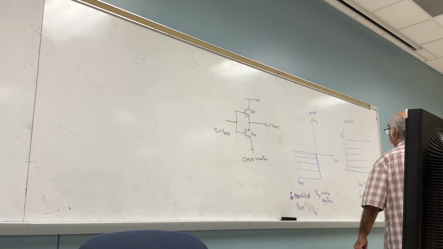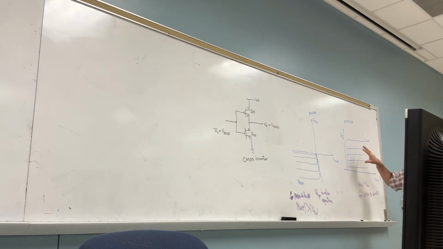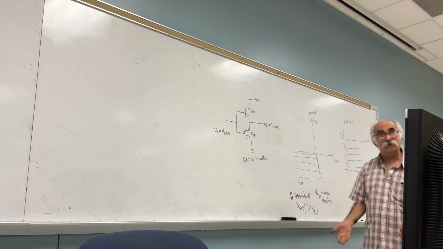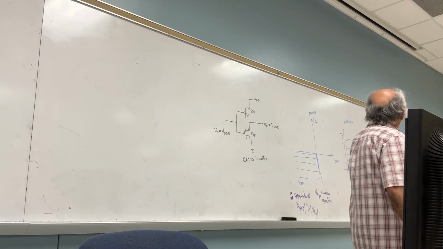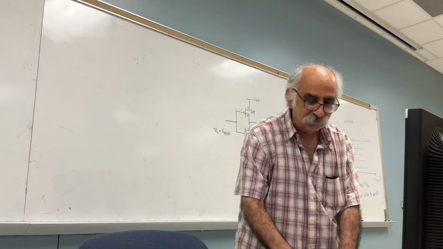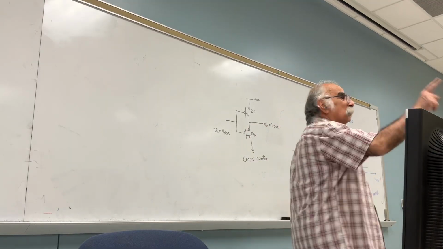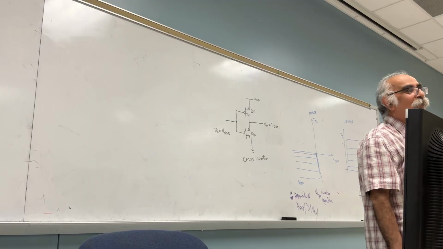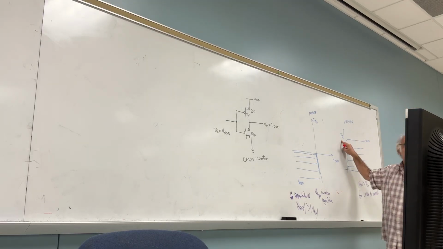Somehow I need to take this characteristic and superimpose it on top of this one. Did you get it or not? Because that's what the load line is. The load line is on top of the IV characteristics. Clear? Which means the axis needs to be the same. Did you get it or not? So let's see. What is the axis here?